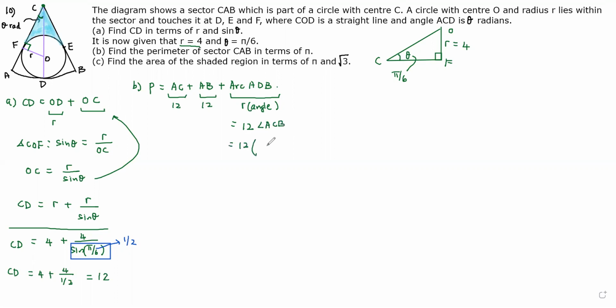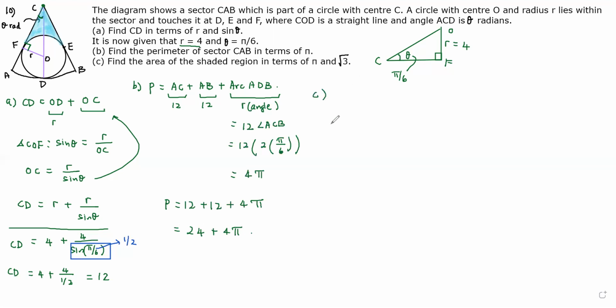Angle ACB is 2 times pi over 6, and this gives us a value of 4 pi. One angle is theta, the other one is also theta. DCB is also theta, which is pi over 6. Then the perimeter is 12 plus 12 plus 4 pi. That will give us 24 plus 4 pi, the perimeter of sector CAB in terms of pi.